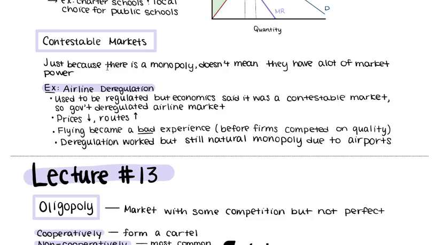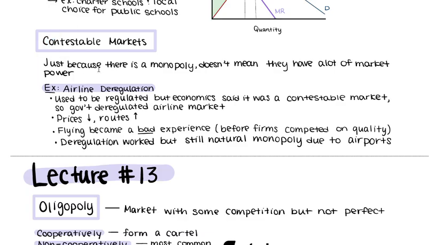And contestable markets. Just because there is a monopoly doesn't mean it has a lot of market power. Even if it's a monopoly, like shampoo, different firms can change a certain ingredient to differentiate their products.